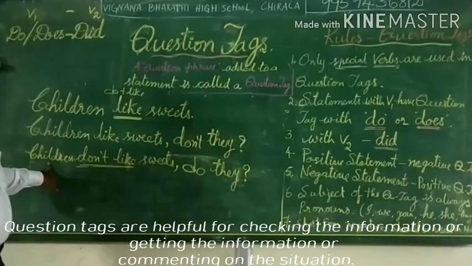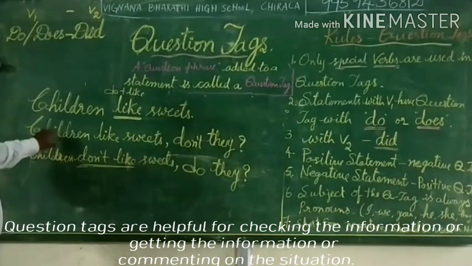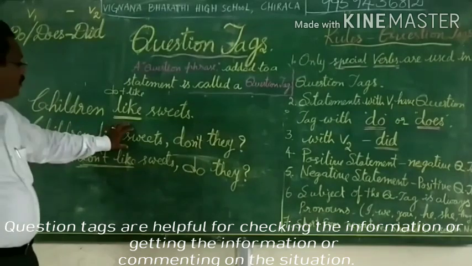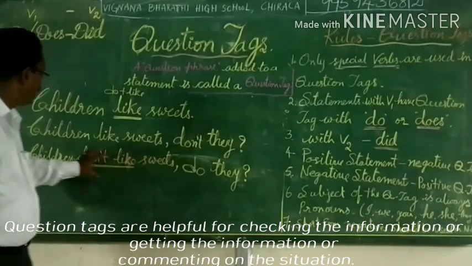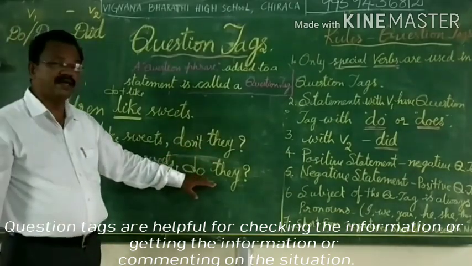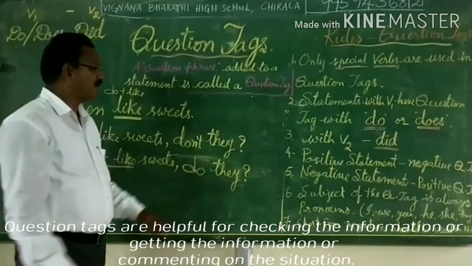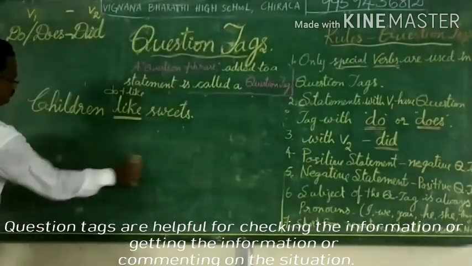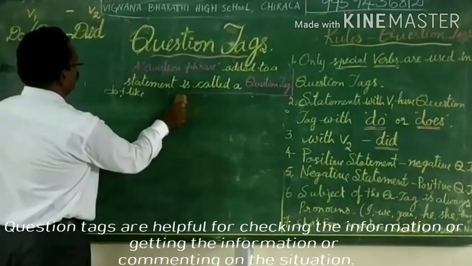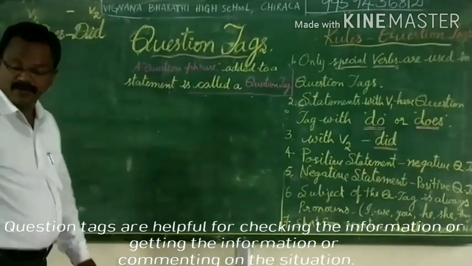I taught how to make statements into negative in the previous class, basic English grammar, negative and question forms. So change the positive statement into negative, and for a positive statement make a question tag in negative, and for a negative statement make a question tag in positive. So now I am going to write some sentences, you note down and answer them properly.